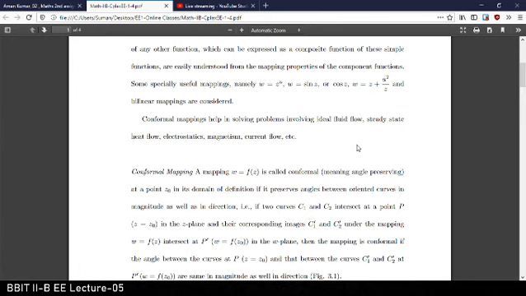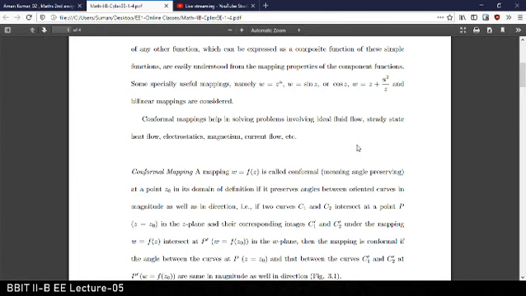Earlier also we talked about it. Generally with harmonic conjugates, what we have found is, if u equal to constant represents an equipotential surface, then v equal to constant represents a line of flow of current which is also perpendicular to that surface.